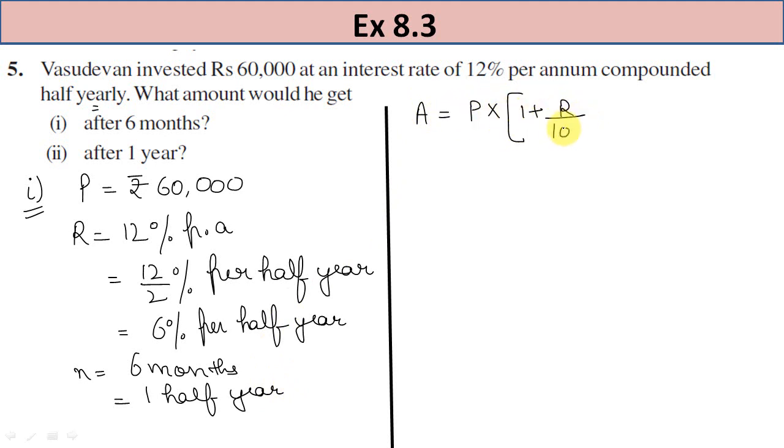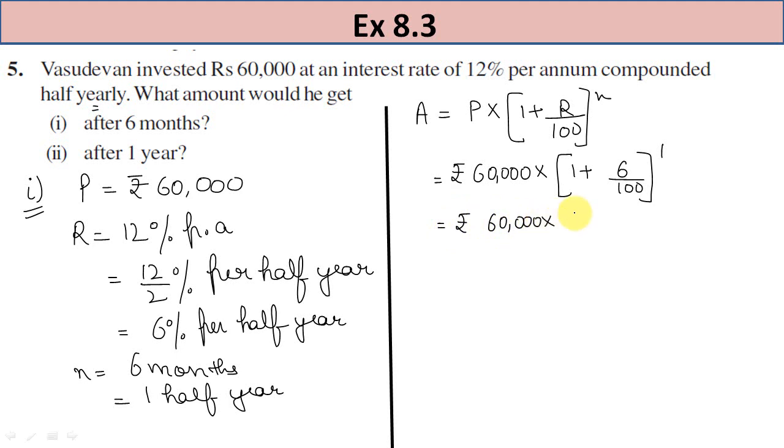Amount is equals to principal into 1 plus rate upon 100 raised to the power n. Let's substitute the values. So principal is 60,000 into rate is 6 upon 100 raised to the power 1. So it will be what? 60,000 into, take the LCM 100, it will be here 100 plus 6 raised to the power 1.